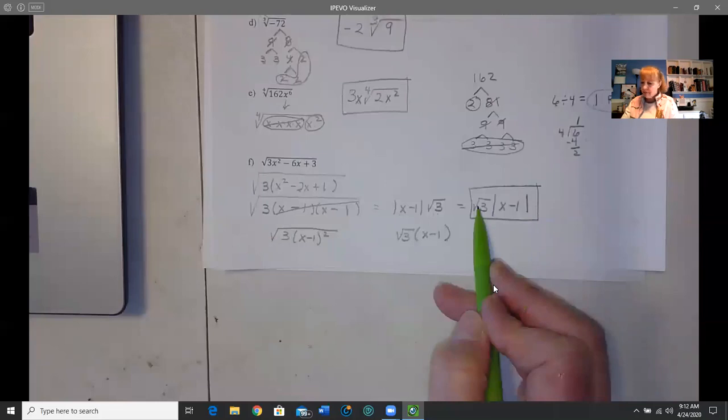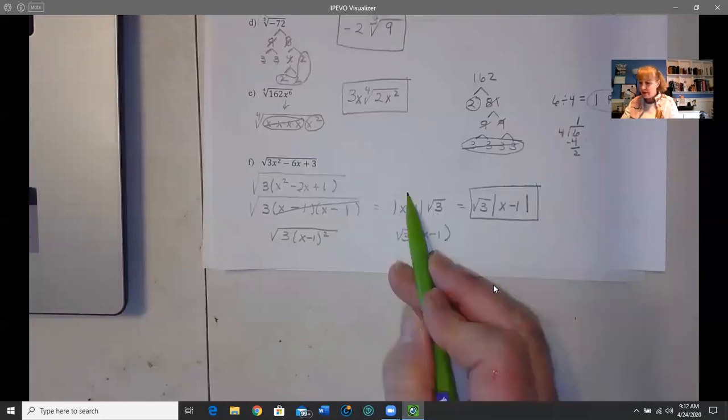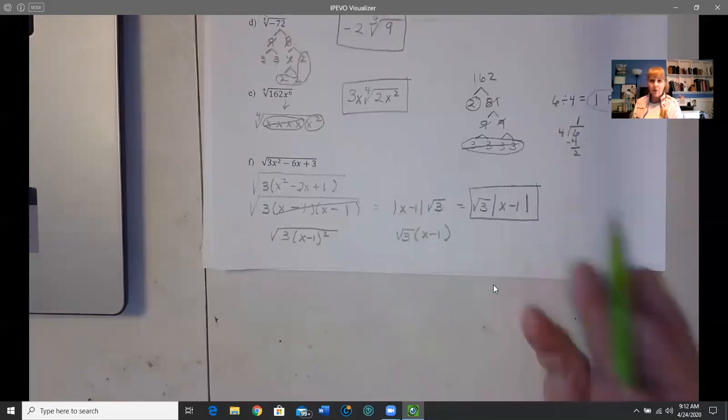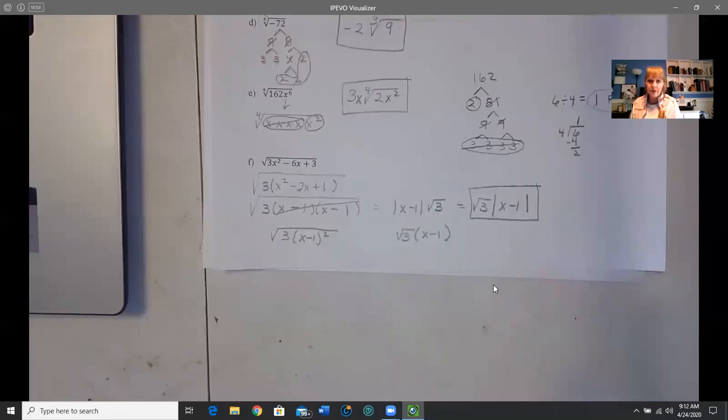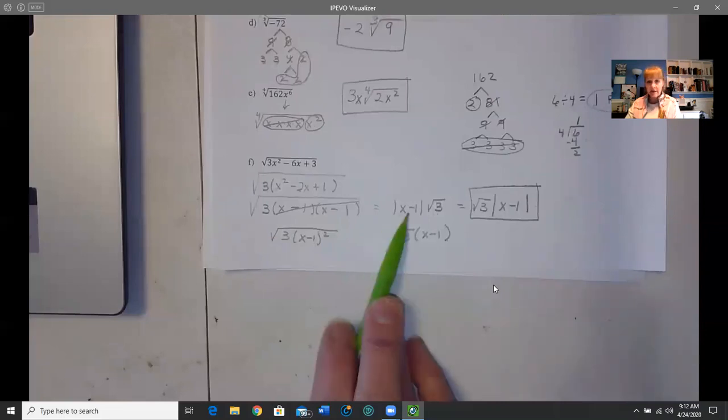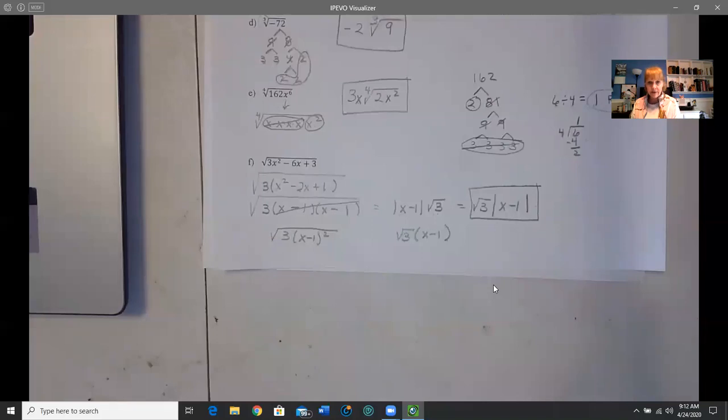It doesn't matter, because 2 times 3 is the same as 3 times 2. So your order in multiplication doesn't matter. But I would put the absolute values around that, meaning that it needs to be positive when it comes out. And if they tell you in the instructions that you don't need that, you have to have parentheses around it when it comes out.